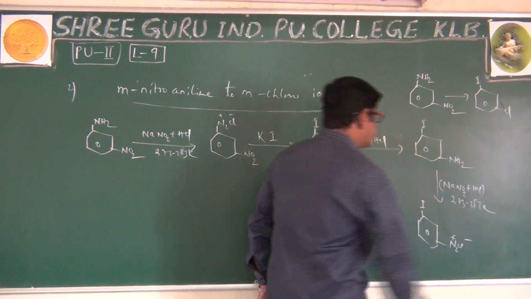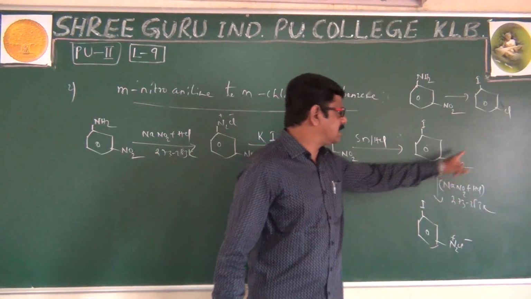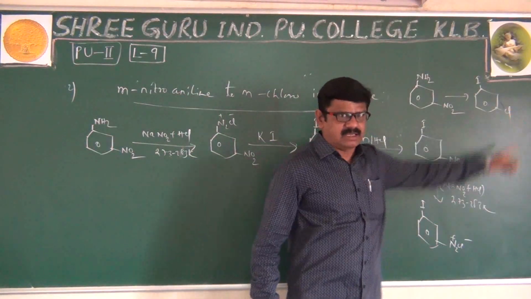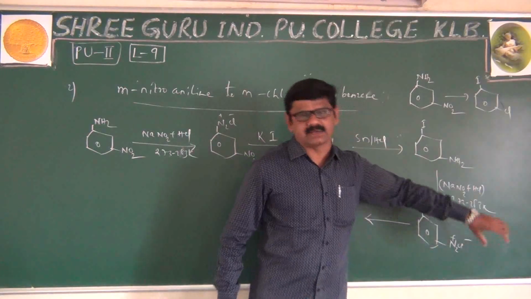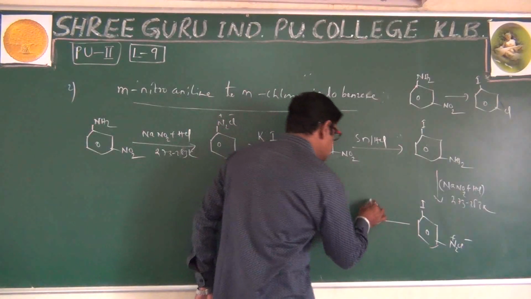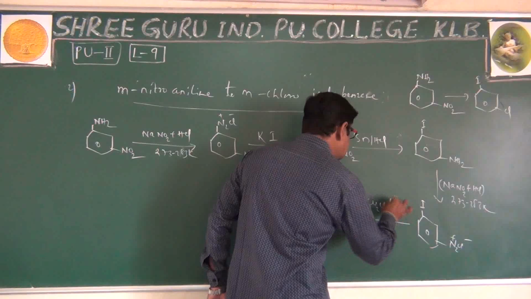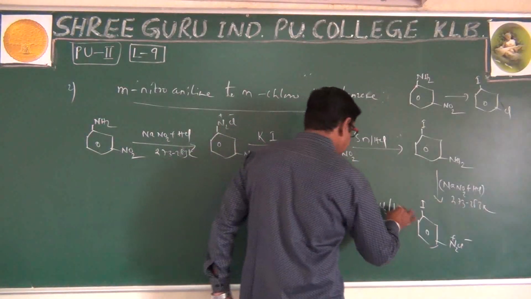Diazotization is taking place, but our target is that chlorine should come and substitute. For that purpose, this diazo group undergoes a Sandmeyer reaction. For the Sandmeyer reaction, we will use Cu2Cl2, copper with oxidation number 1, in the presence of HCl.